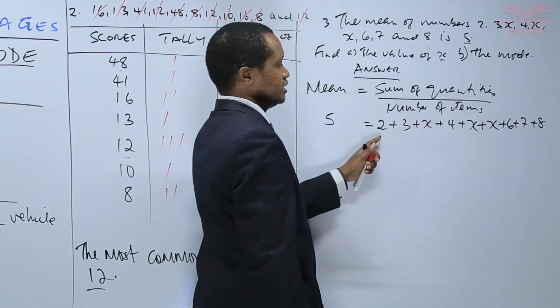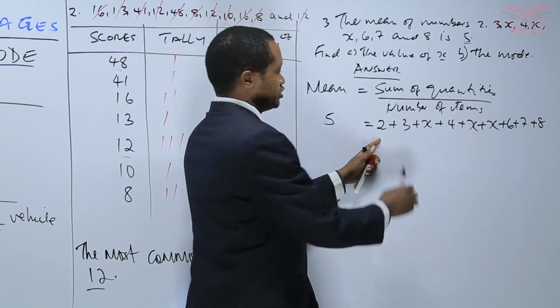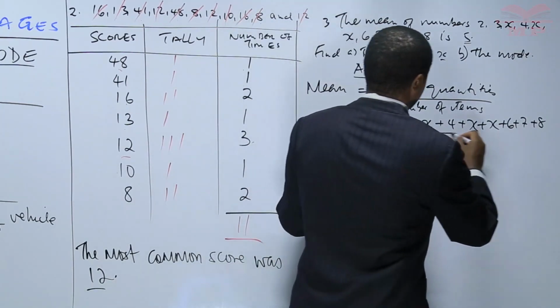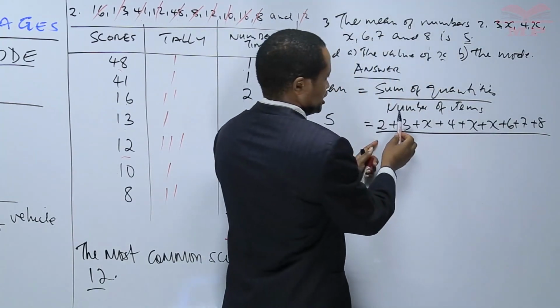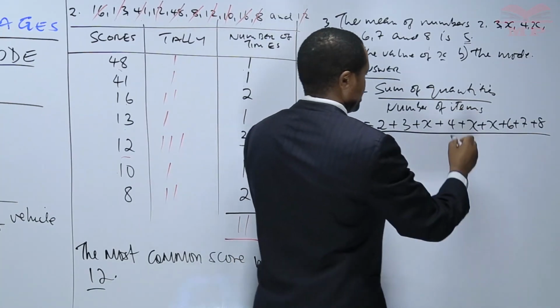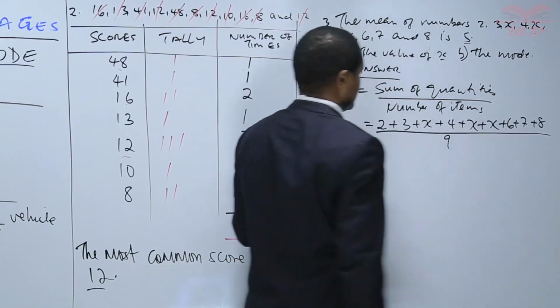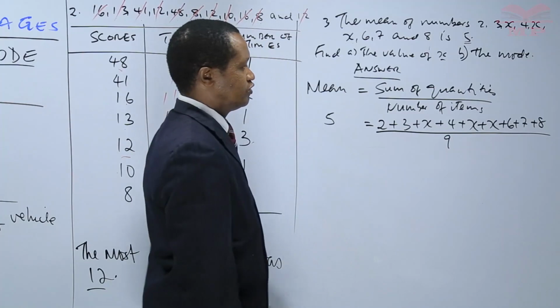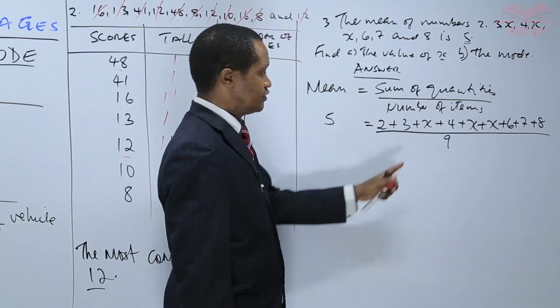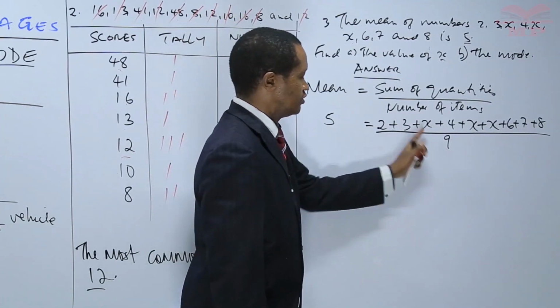So those are 9 items. So we divide by 9. This is the number of items. With this we can solve for x.